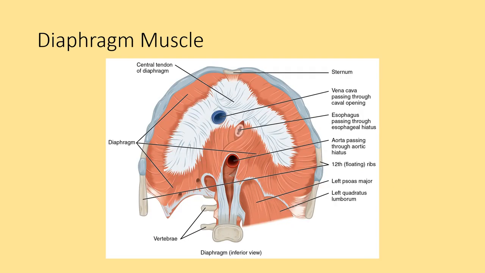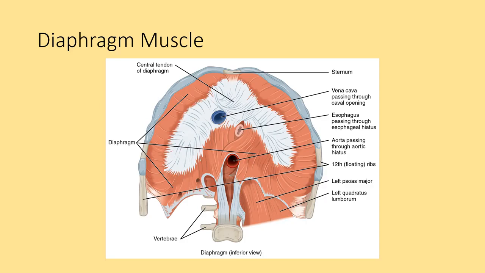The diaphragm. Well, the diaphragm is that muscle that separates your thoracic cavity from your abdominal cavity. It assists with breathing. It has to have openings to allow things from the thoracic cavity to pass down through the abdominal cavity.